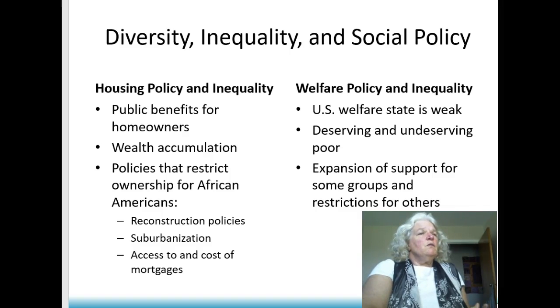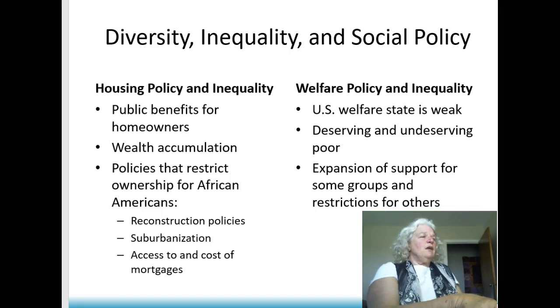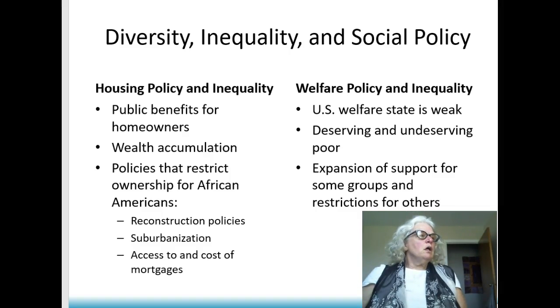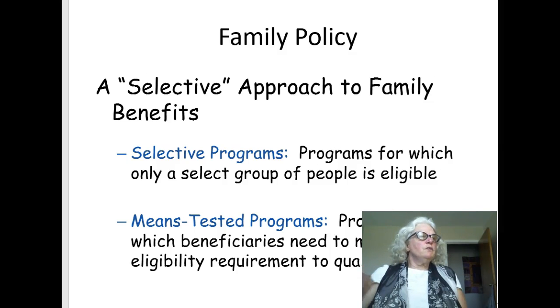So there's an expansion for support of some groups and restrictions for others. And so we're going to look a little bit at some of that family policy. Some of this information is beyond what you have in the textbook, or put into different meanings. So family policy is a selective approach to benefits, as far as what we've seen in place.